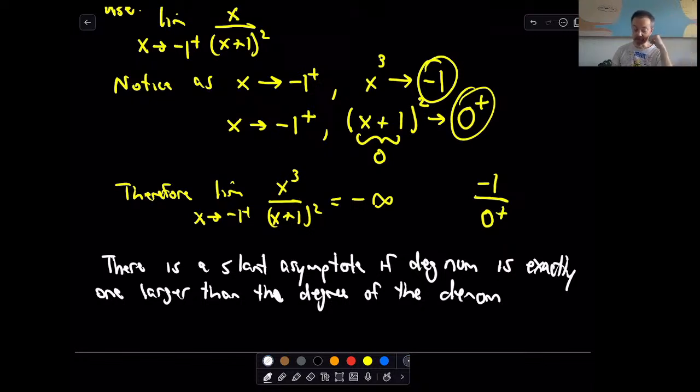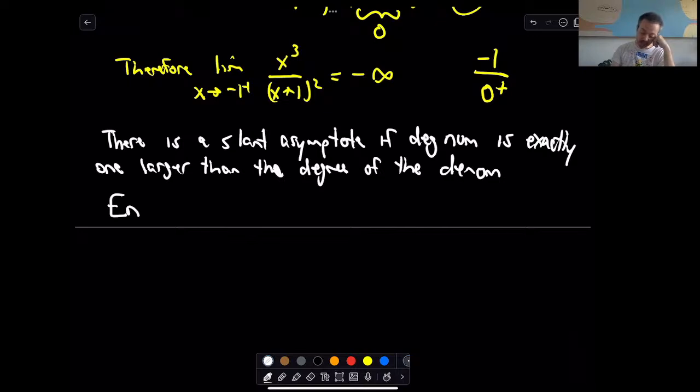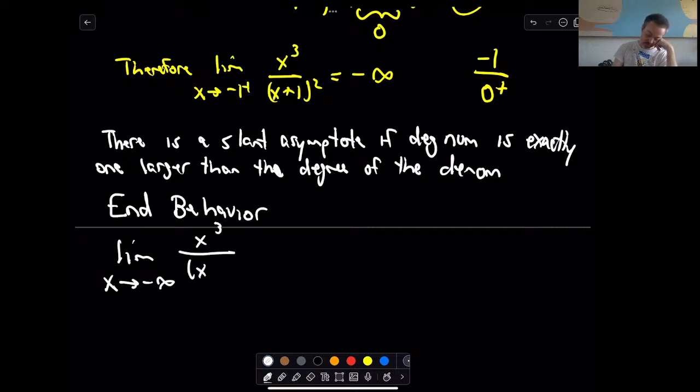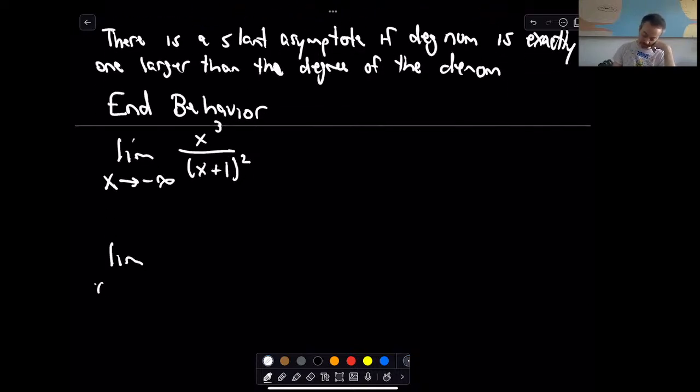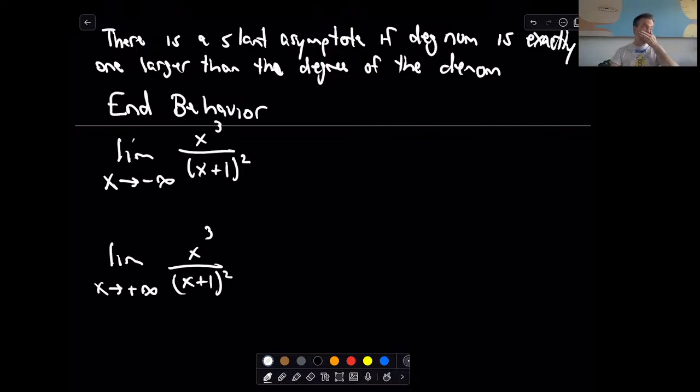And really, to figure that out, we're looking at end behavior. To figure out end behavior, we're going to look at the limit as x goes to negative infinity of that function, and the limit as x approaches positive infinity of that function. So I guess the question is, have you seen ways to evaluate these limits?